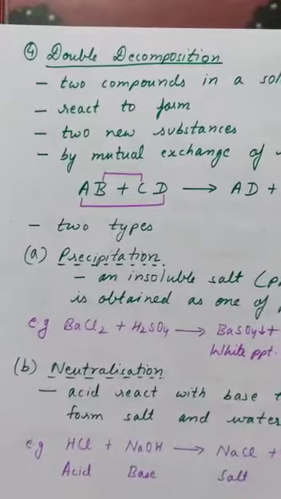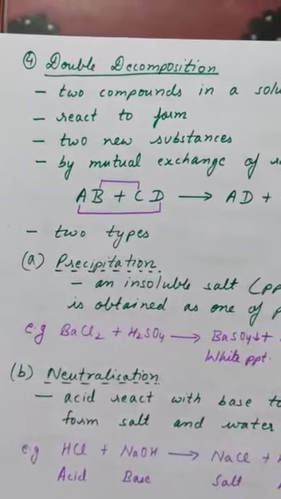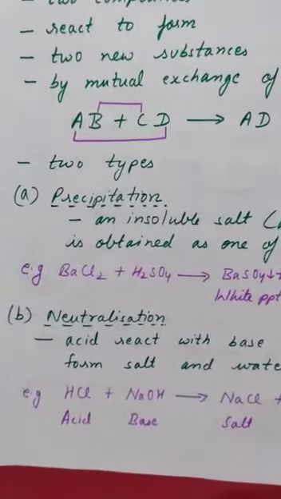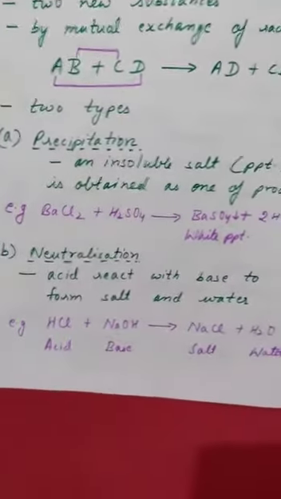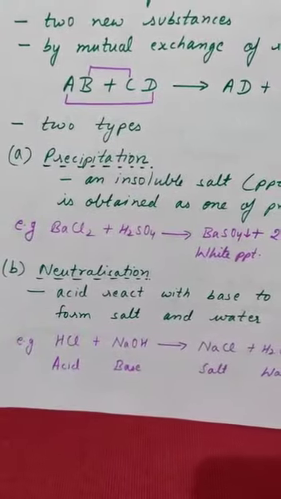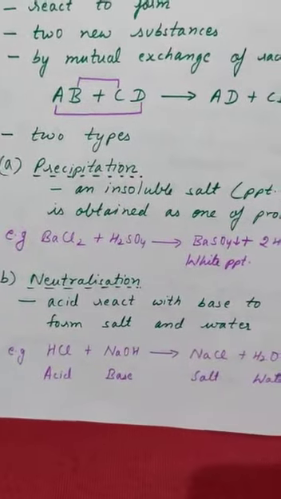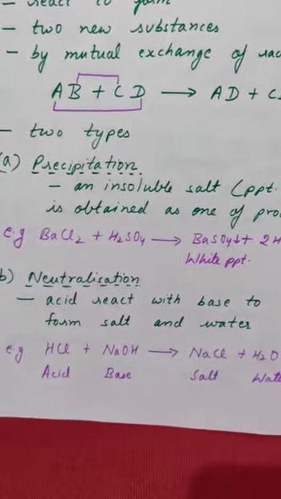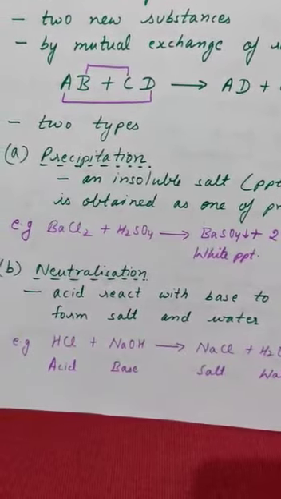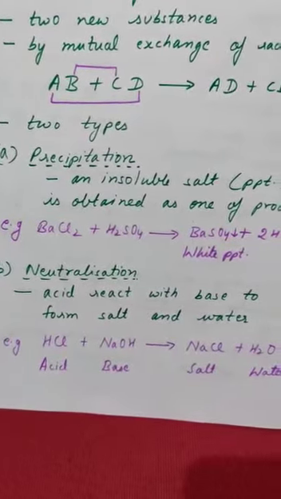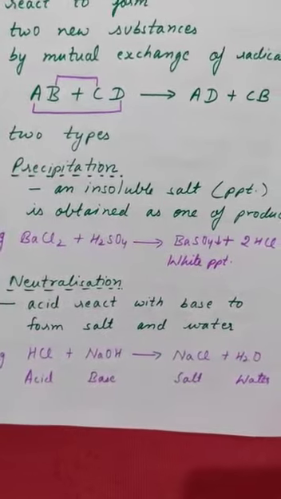Now these double decomposition reactions are further classified into two types. One is precipitation reaction. Precipitation reaction involves formation of a precipitate, that is an insoluble salt, as one of the products.